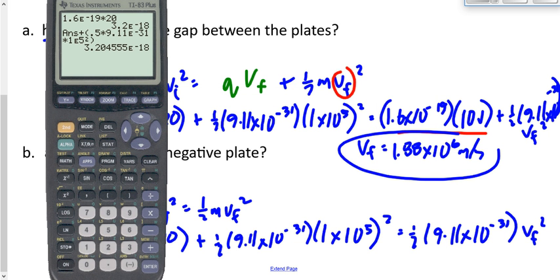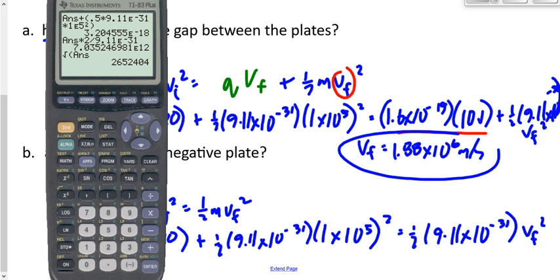Now let's times that by 2. Let's divide that by 9.11 times 10 to the minus 31. And then we get 10 to the 12 again. Must be I forgot to square root. So let's square root that.